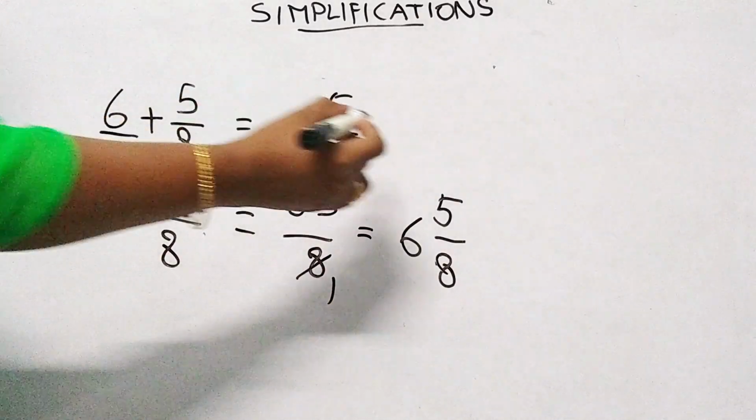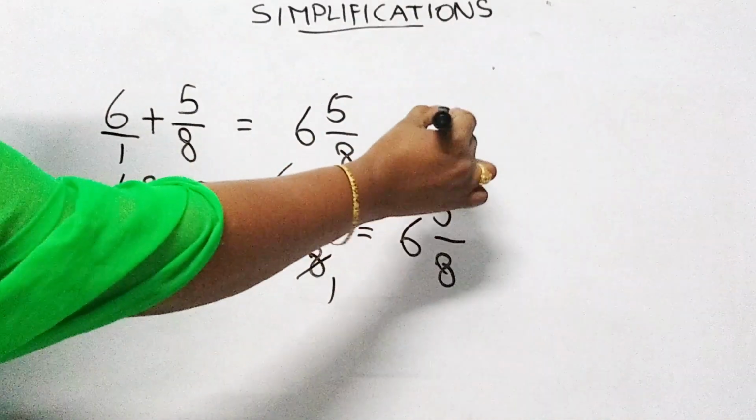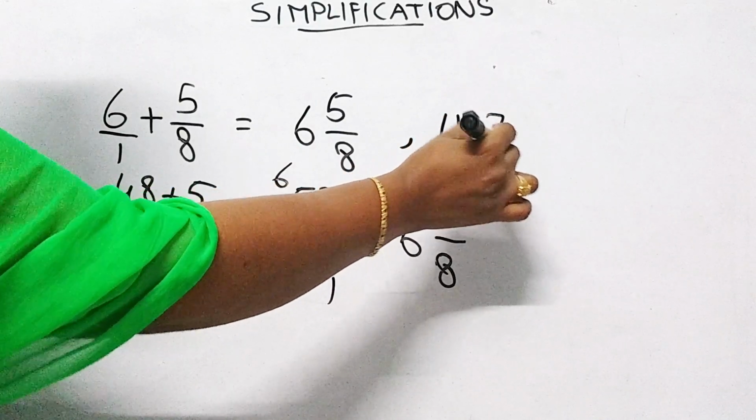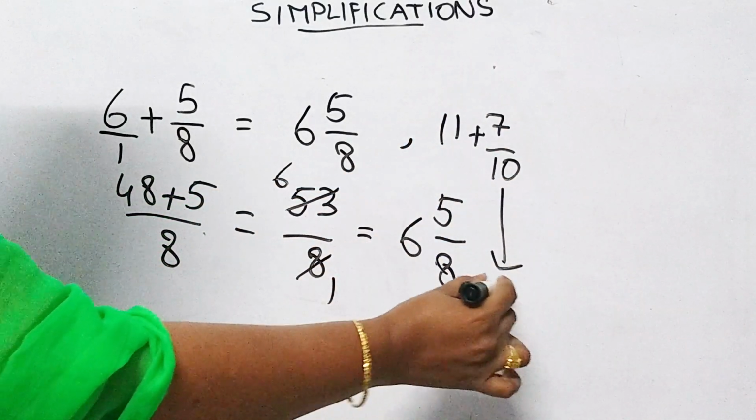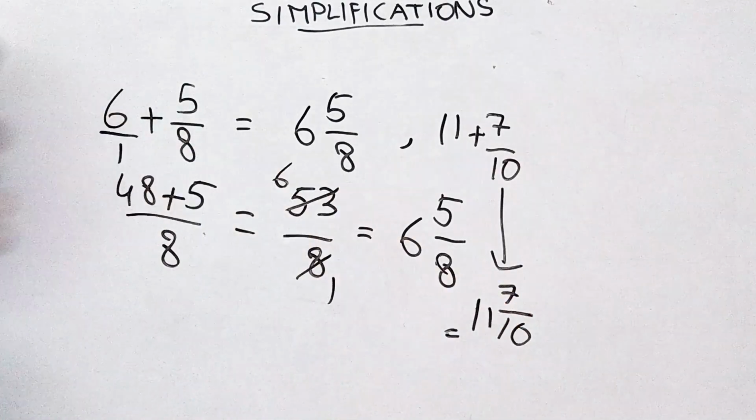One more number, 11 plus 7 by 10 is 11 7 by 10. No need to do all this process every time.